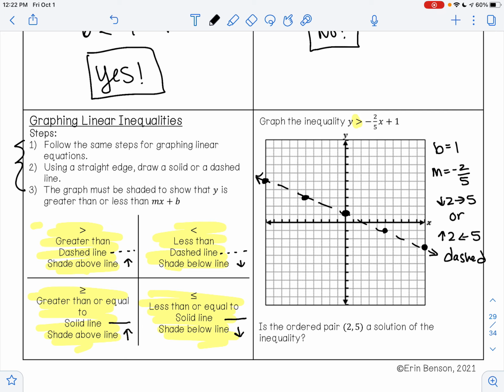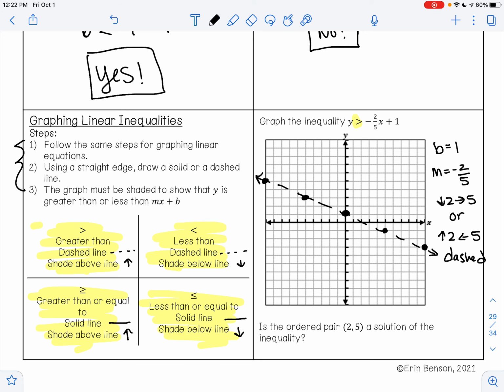Because it's greater than, that means I'm going to shade above the line. Now with your pencil, you're just going to lightly shade. I do not want to see scribbles like this. That's very messy, so we do not want to do that. You could very neatly draw some lines to indicate your shading, but again, you do want to be nice and neat.